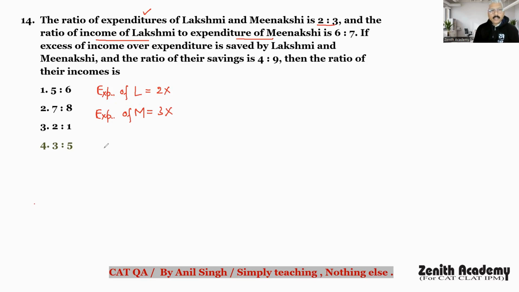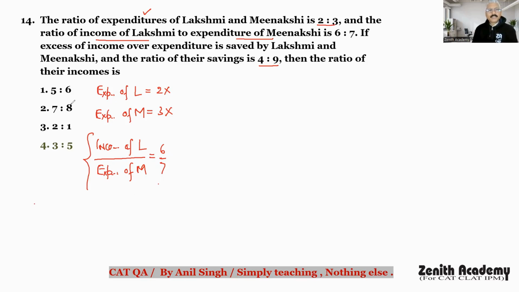And then the ratio of the income of Lakshmi, L, is to the expenditure of Meena, is given 6 to 7. Okay. Saving ratio is 4 is to 9.